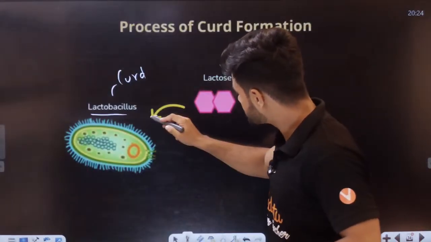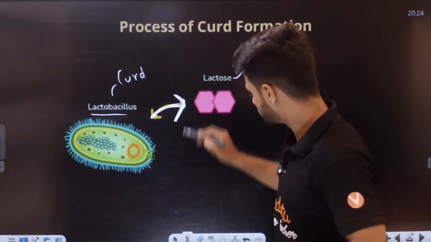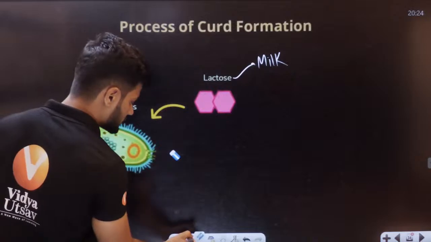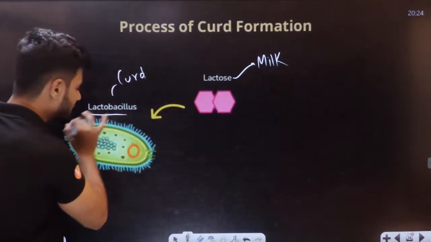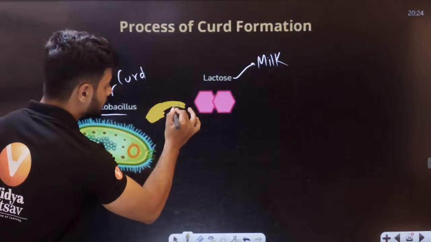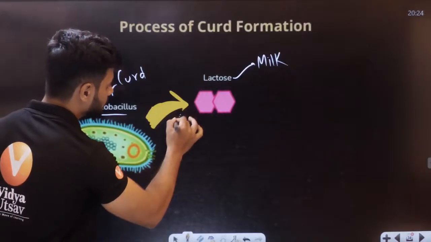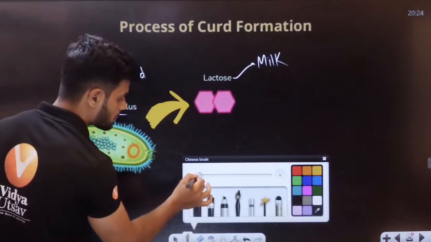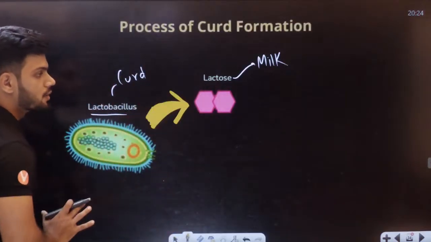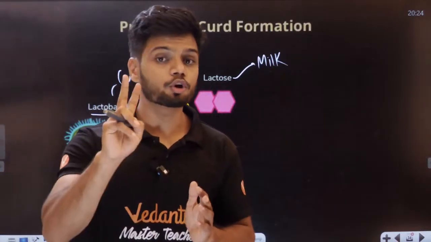Please understand, students. This entire lactobacillus will attack the lactose. Lactose, being a disaccharide, is made up of two monomeric units.